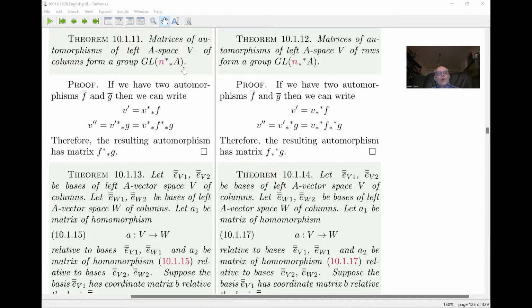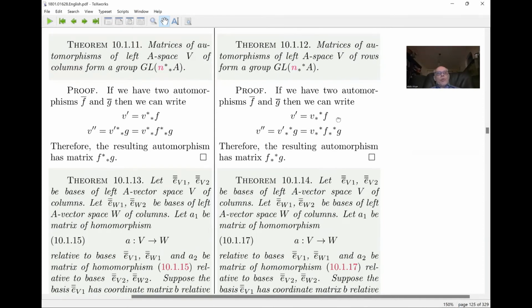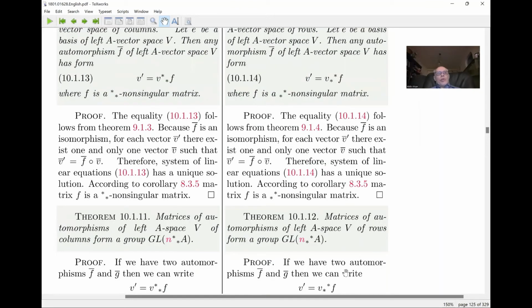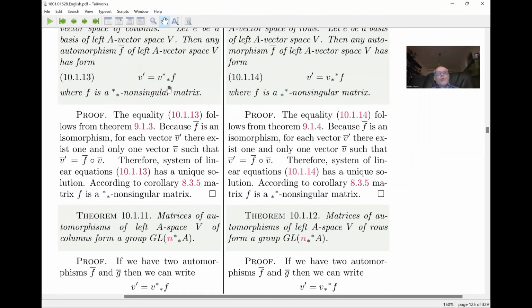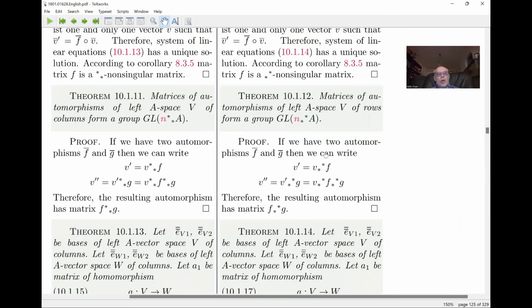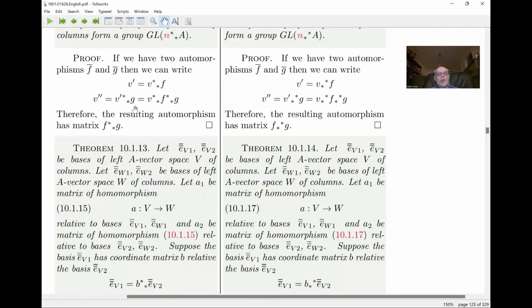The proof of this theorem is based on the previous theorem, where we show that an automorphism of a vector space has presentation 1.13. We show this presentation for each automorphism F and G and put one equality into another.